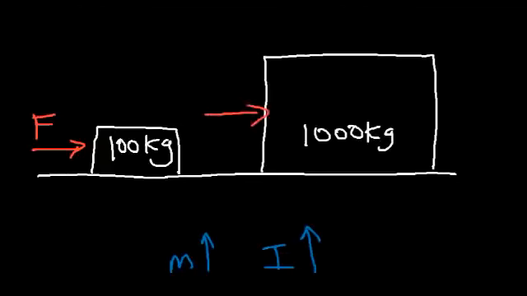Now the larger object, it's going to be difficult. To get it going, it requires a greater force to move it. So it's harder to move it from a state of rest. So the more massive object has more inertia. And so that's the main idea behind inertia, which is the tendency of an object to resist or maintain its state of rest. It's going to resist any changes in motion that you try to apply to it.